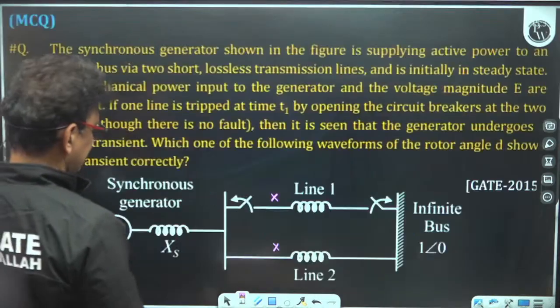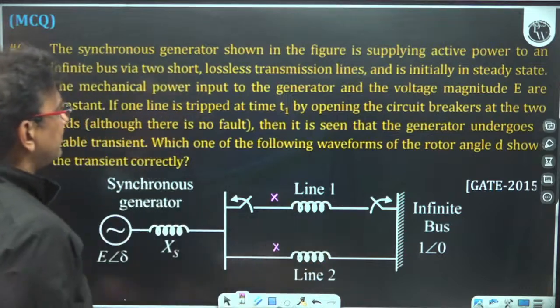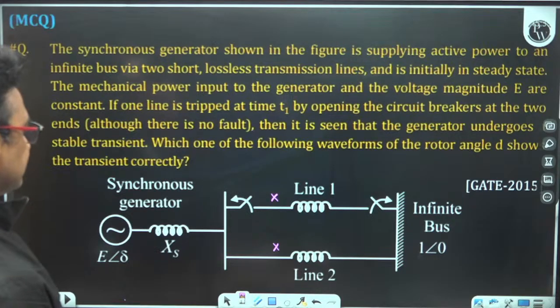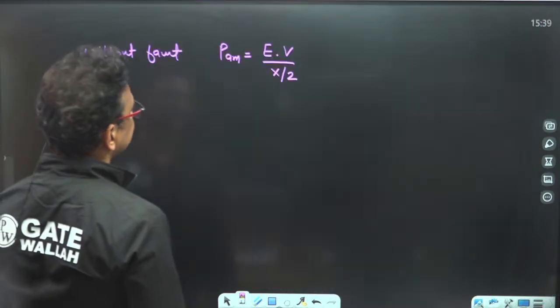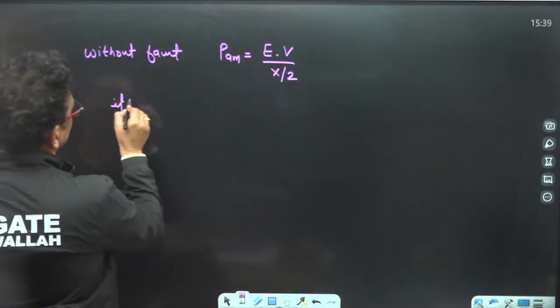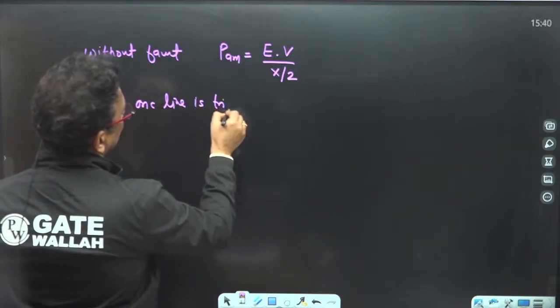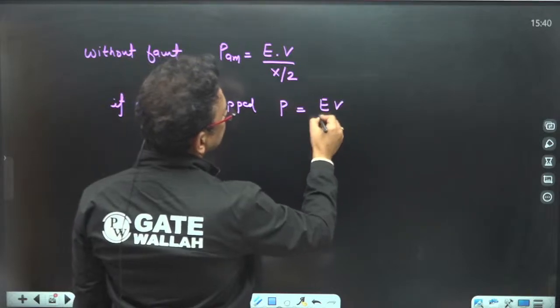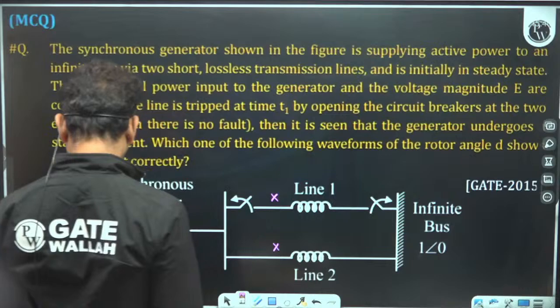Suppose this is the E and this is the V. Then if one line is tripped at time T1 by opening the circuit breaker at the two ends, the power will become EV upon X, because the total reactance will become X only. X by 2, now it is X.